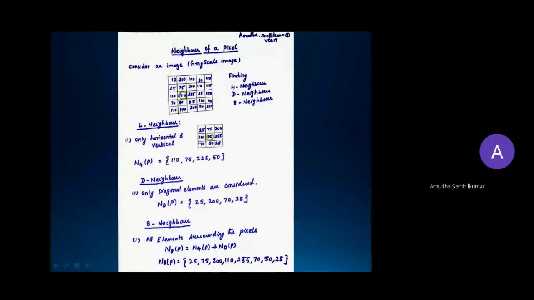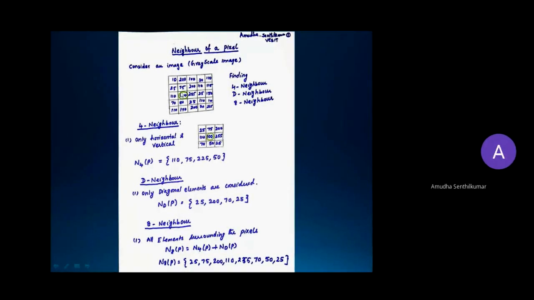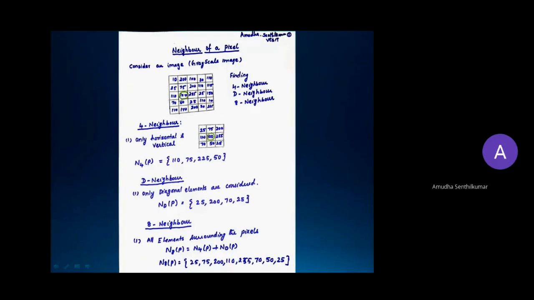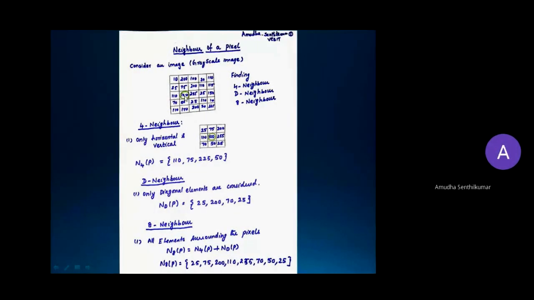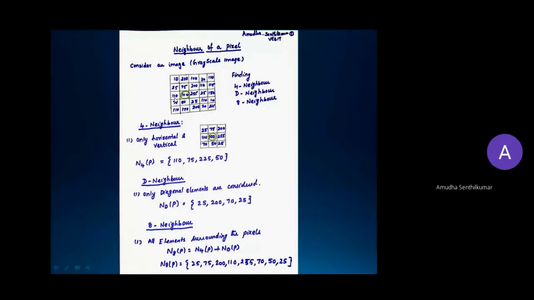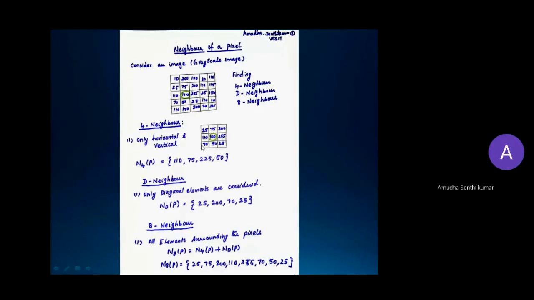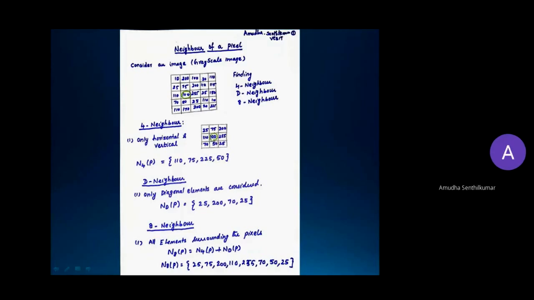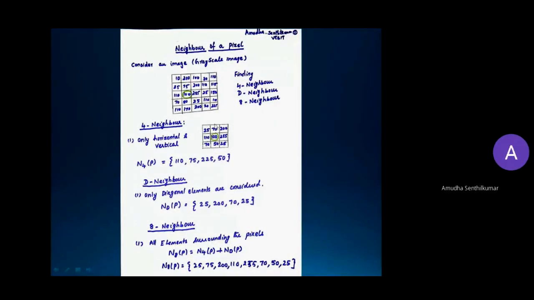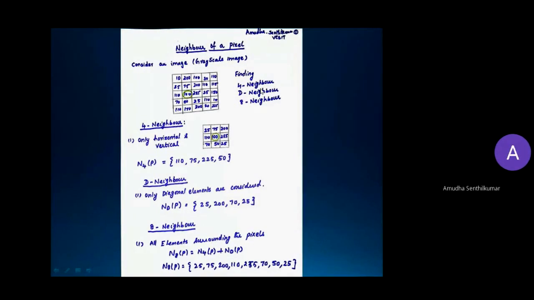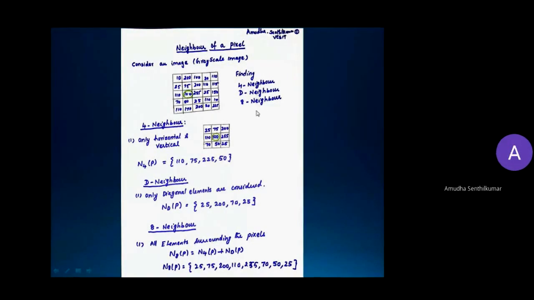First, I take the pixel 100, which I've circled here. I have to consider the immediate surrounding values and write them separately. From that, I can find the 4 neighbors, diagonal neighbors and 8 neighbors.